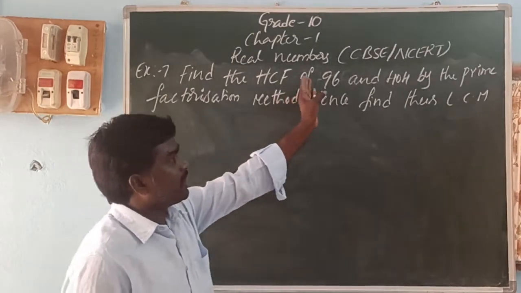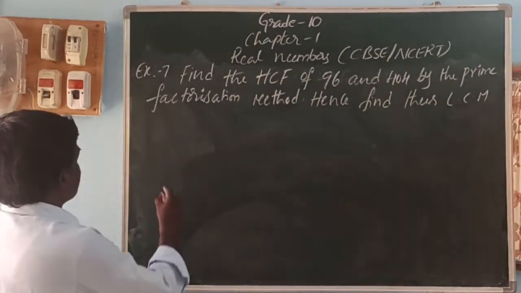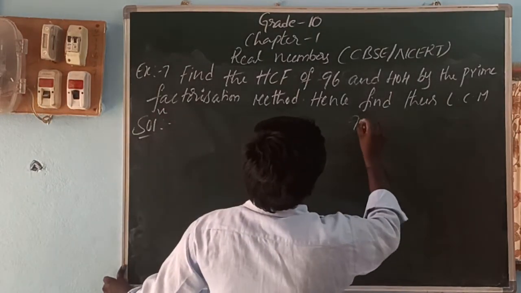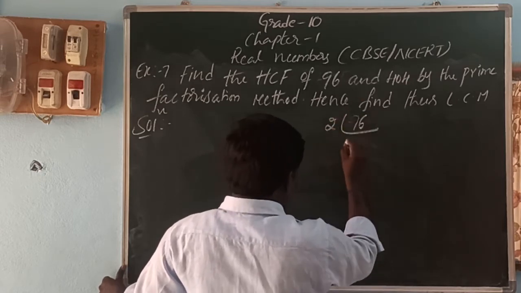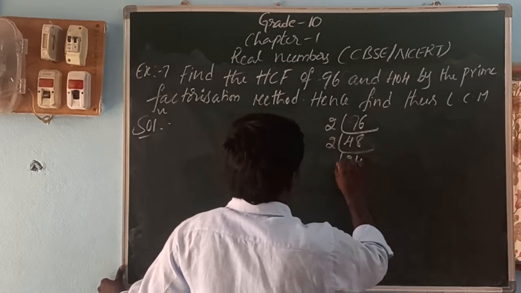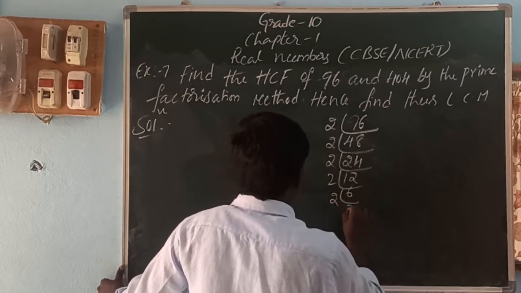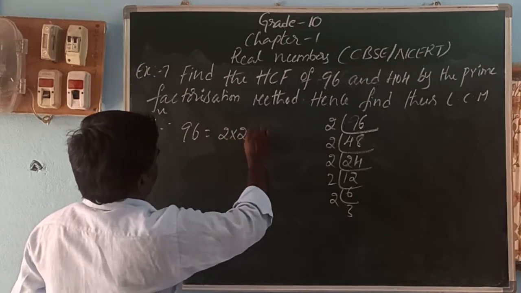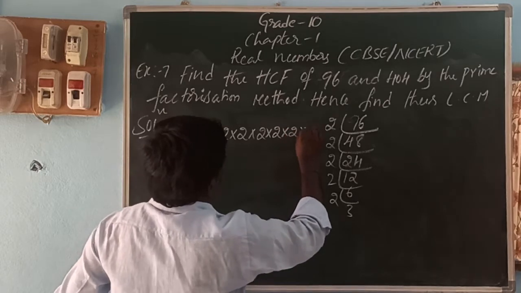Find the HCF of 96 and 404 by the prime factorization method. We write 96 by prime factorization: 2 times 48 is 96, 2 times 24 is 48, 2 times 12 is 24, 2 times 6 is 12, 2 times 3 is 6. So 96 is 2 into 2 into 2 into 2 into 2 into 3.